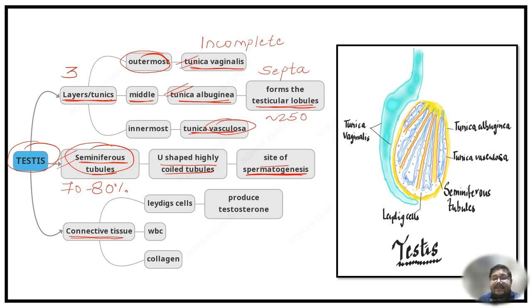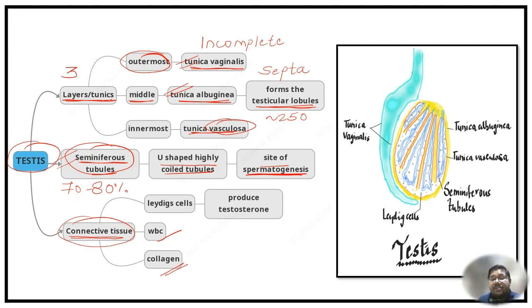And at last, we have the connective tissue. Now, connective tissue is a mixture of many cells and other non-living substances such as collagen within the testis, and this connective tissue is filled between the seminiferous tubule, and it consists of many types of cells such as WBC and structures like collagen, which forms the matrix.